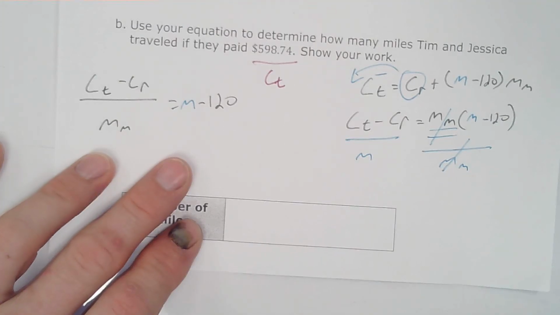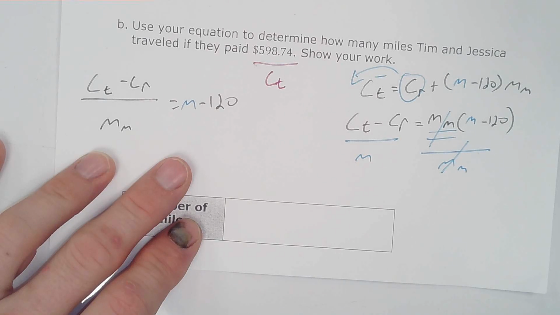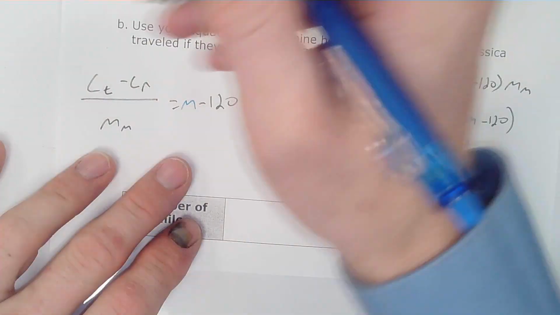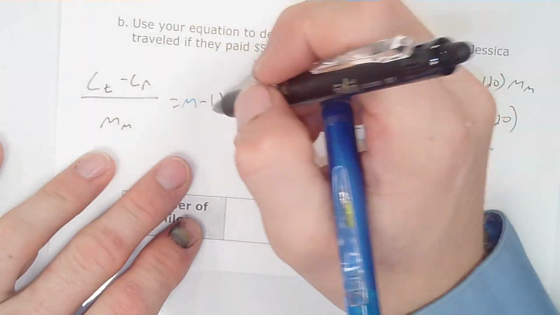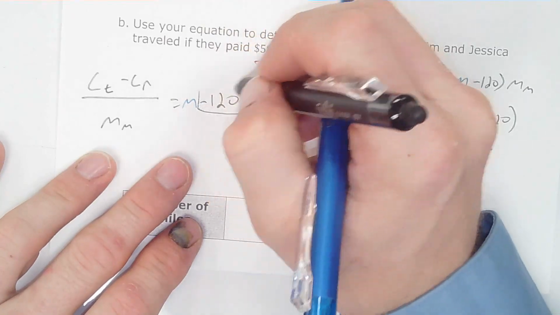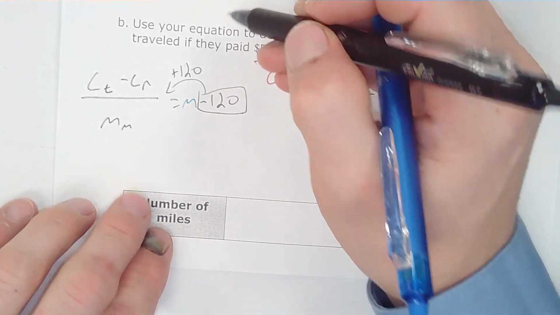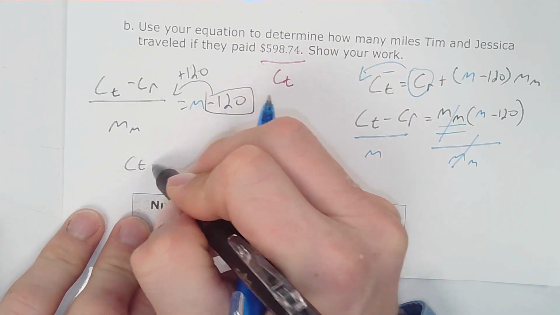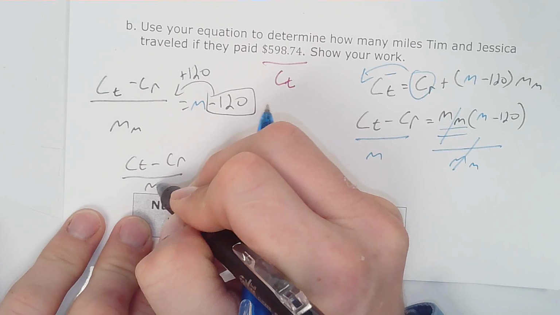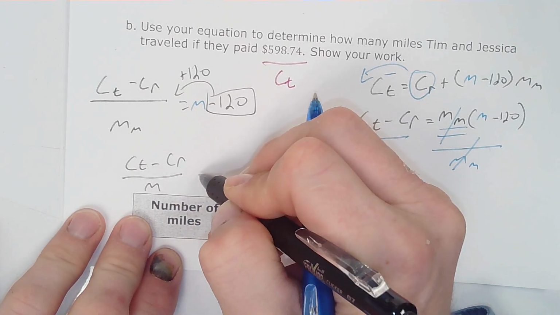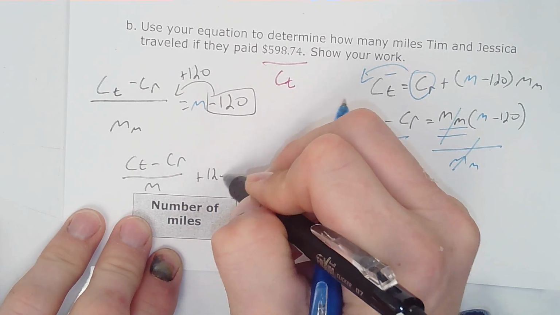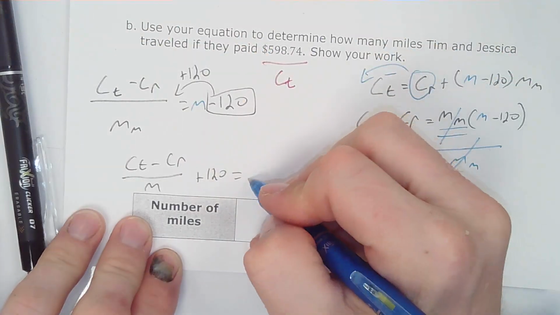Nope, this is this minus that. Add. I gotta move it to the other side. I gotta add 120 to both sides. So when I do that, it changes sides, becomes a positive 120. So my total cost minus the cost of the rental divided by my slope plus 120 equals the number of mileage.